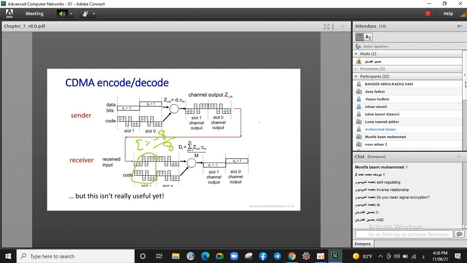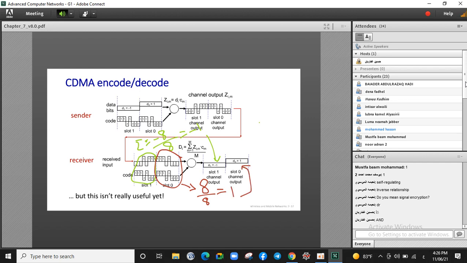I'm dividing it by 8. It's equal to -1. Get this? It's -1. In this case, the sum is 8 divided by 8, equal to 1.